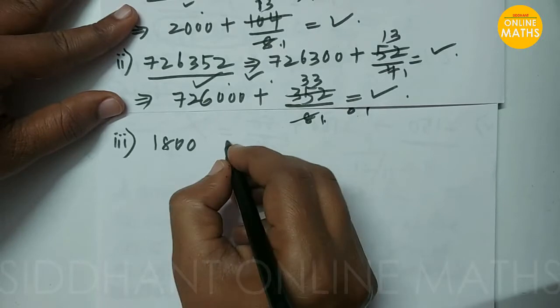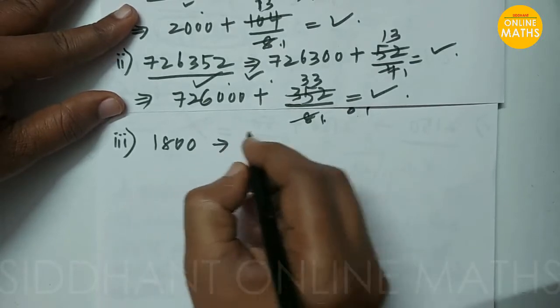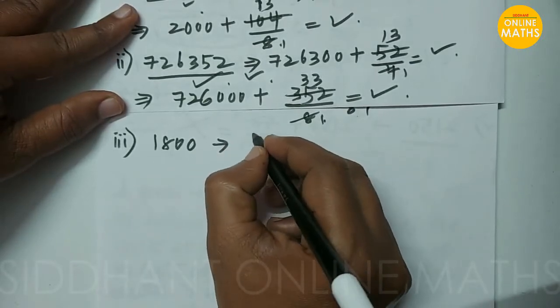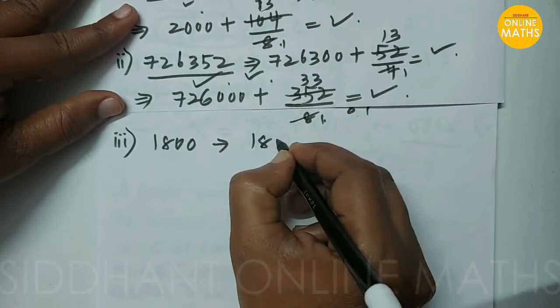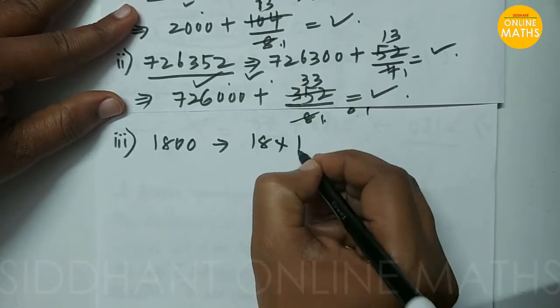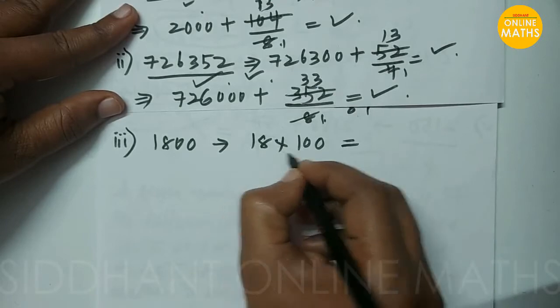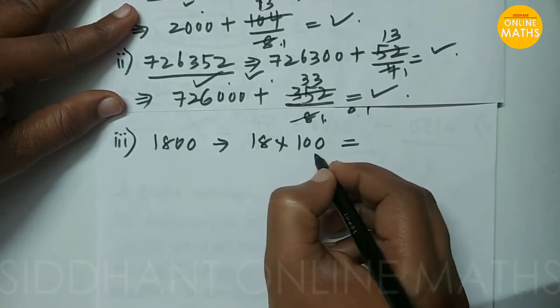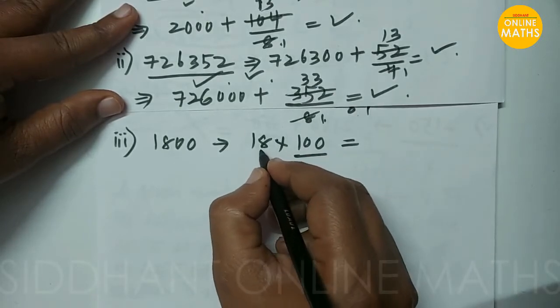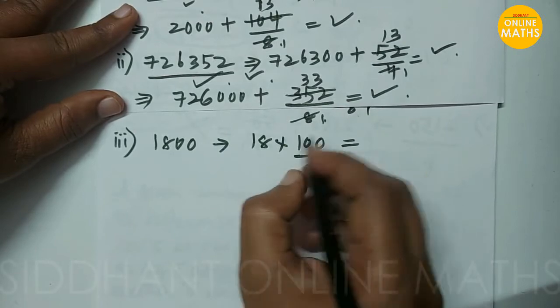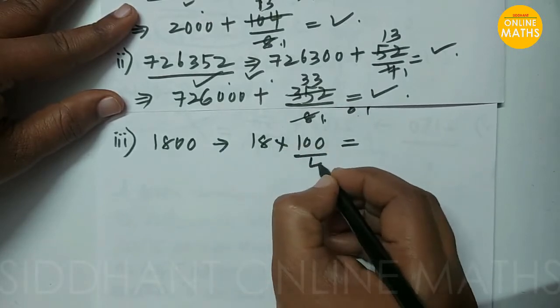So next, 1800. 1800 directly we can say that it is 18 into 100, so we can say that 100 is divisible by 4 here, and something into 100 is also divisible by 4 here.